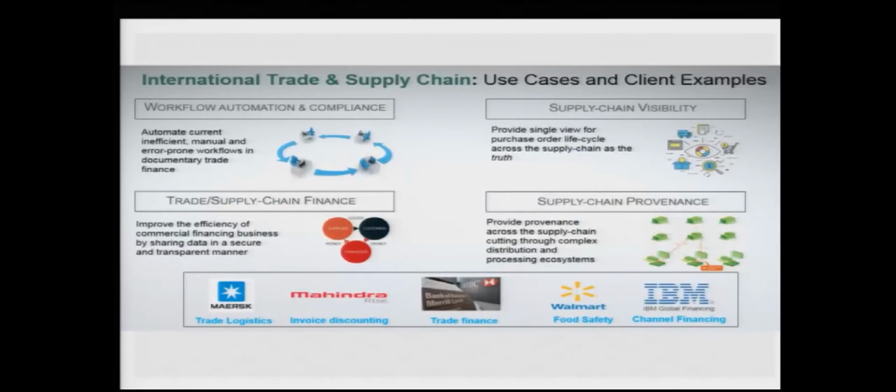So some of the use cases that IBM has already done are, as you can see, that none of this has anything to do with cryptocurrency. It's all about creating the business process in a seamless kind of IT system using the blockchain, right? So workflow automation and compliance is something that has been tried.